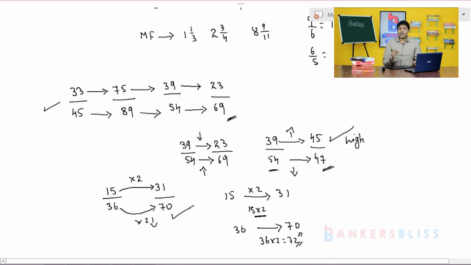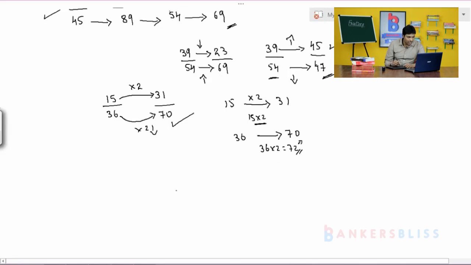If the numerator increasing rate is less compared to the denominator increasing rate, for example, we may take one more example like this. See here, 15 by 36, the same example, it has become 29 by 74. So see here, 15 twos are 30, means less than twice it is increased. Next 36 twos are 72, more than twice it is increased.